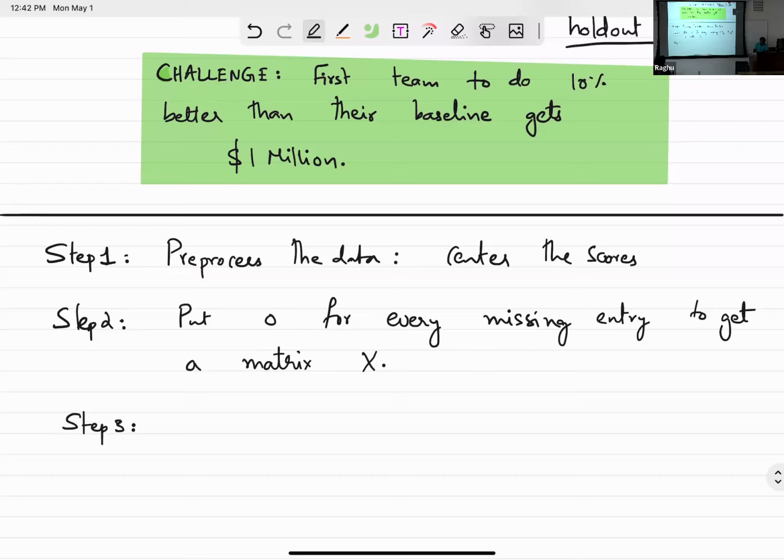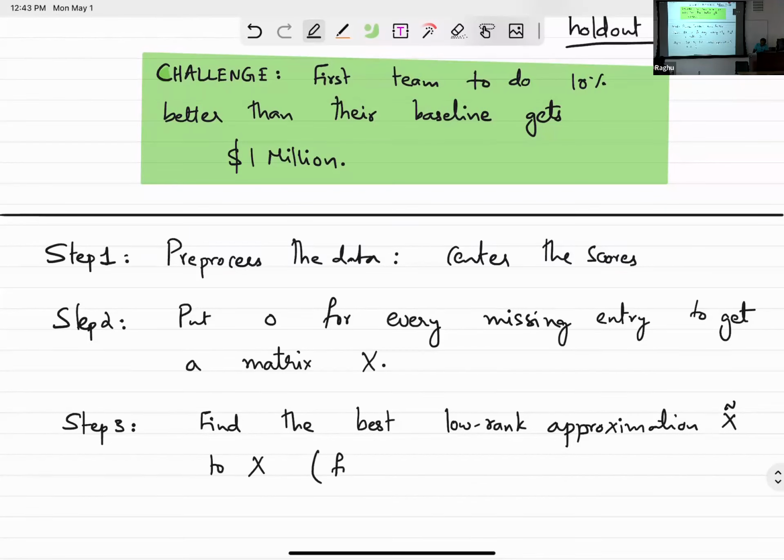So the statistical model, you could improve it further by finding the best low rank approximation x tilde to x. Maybe for some k, whatever k you choose, you do that.